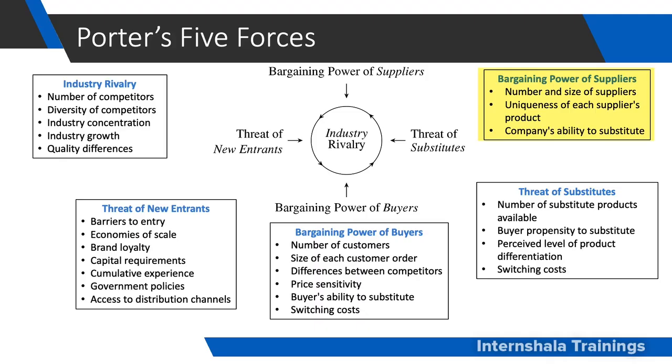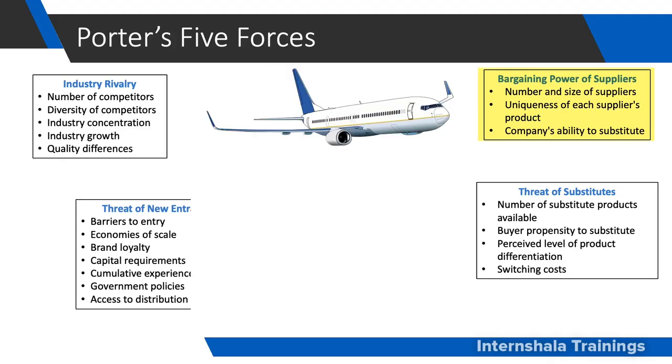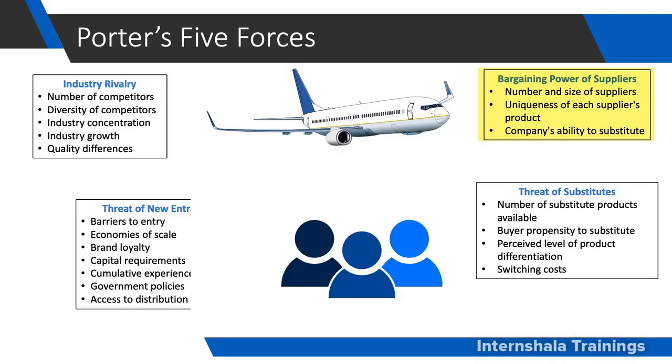Let us take an example of the airline industry. Here the suppliers are the plane manufacturers like Boeing or Airbus. The power of the supplier here is very high because the number of suppliers is very small. Also in this industry, safety is of utmost importance.